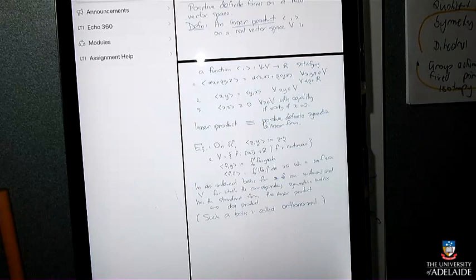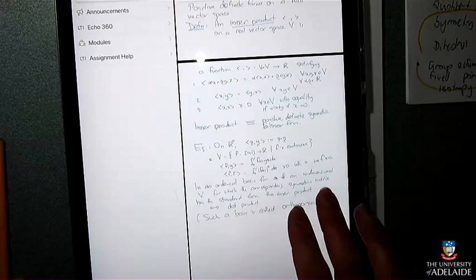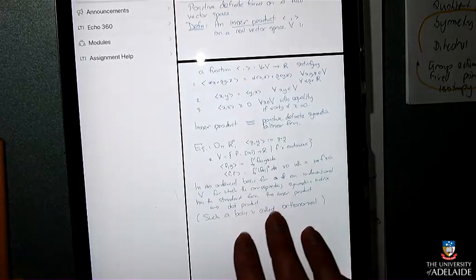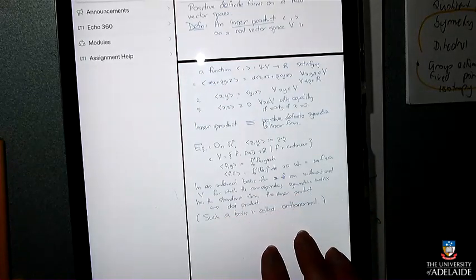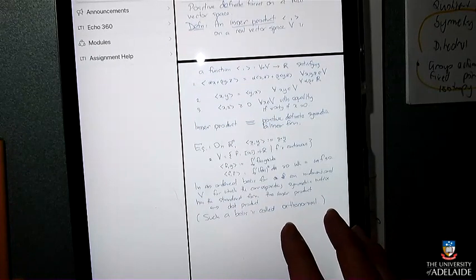Very cool. So if you've got an orthogonal basis for which the corresponding symmetric matrix has the standard form, the inner product is called a dot product. Well, it just is the dot product.